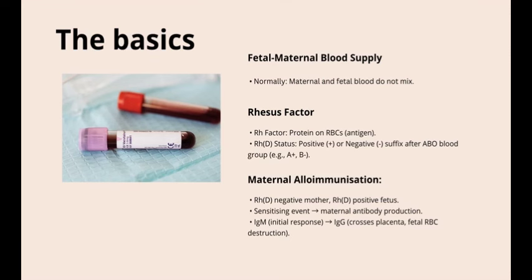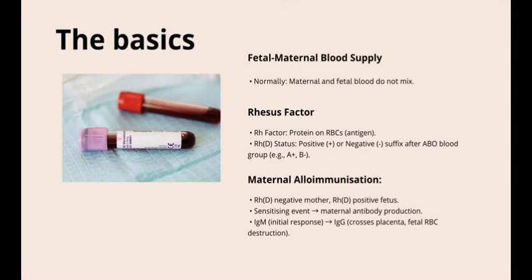So in a sense, by giving these immunoglobulins, we're providing artificial anti-D, and that will mean that there's not a sensitizing event as these cells are quickly mopped up and sent to the spleen. And that's how we prevent hemolytic disease of the newborn.